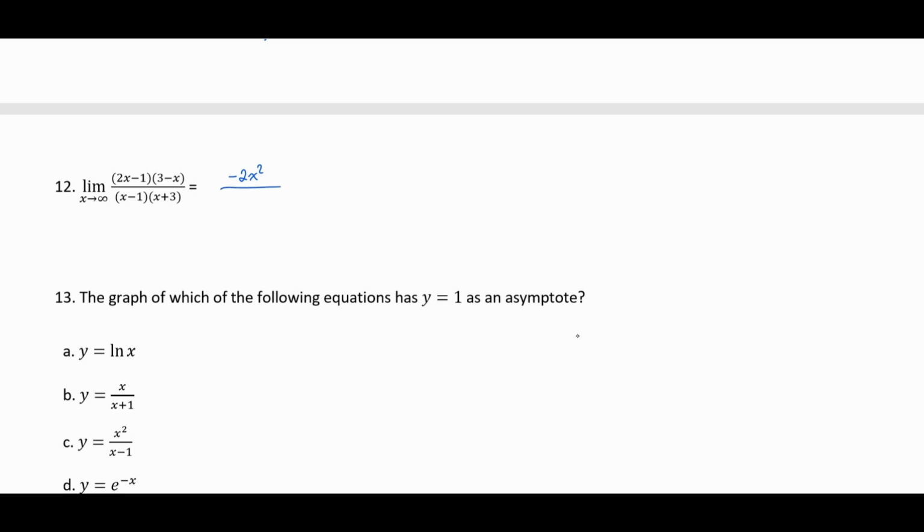And in my denominator, I'll be making x times x, and no matter what else I multiply, I'm not going to get a higher power. So we're going to have x squared. Now, since we're doing the limit as x approaches infinity, these have the exact same power. So we're looking at the coefficients, negative 2 over 1, which is just equal to negative 2, and that would be the limit.